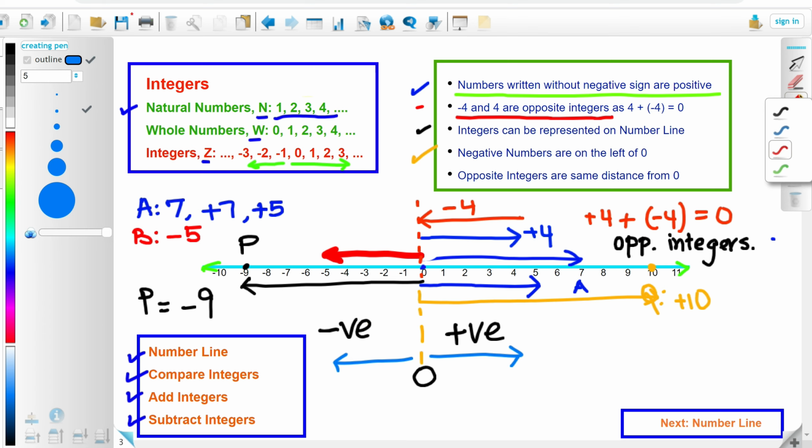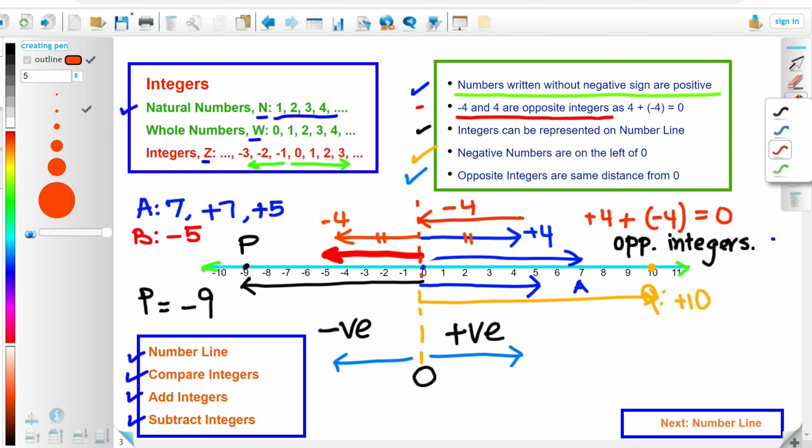Correct? We also learned that the opposite integers are the same distance from 0. That is to say that if I have, let us say, plus 4 and minus 4, okay, let me write minus 4 like this now. So plus 4 we have, and here is minus 4 for us. In that case, this length is equal for both plus 4 and minus 4.